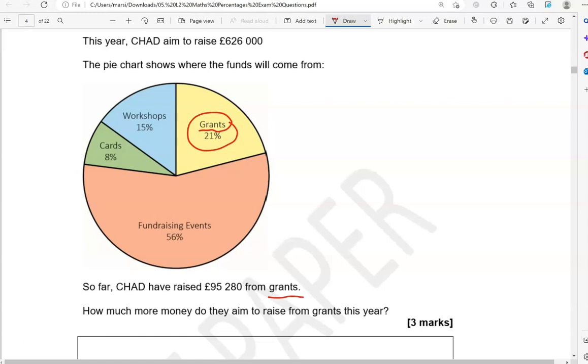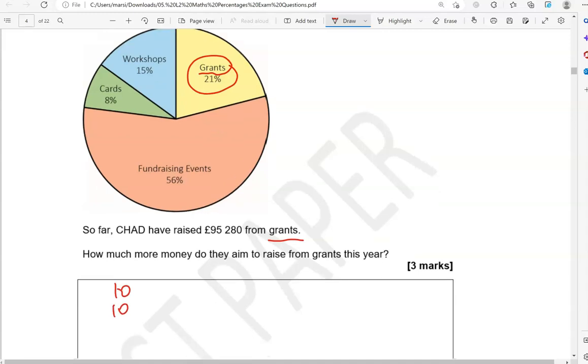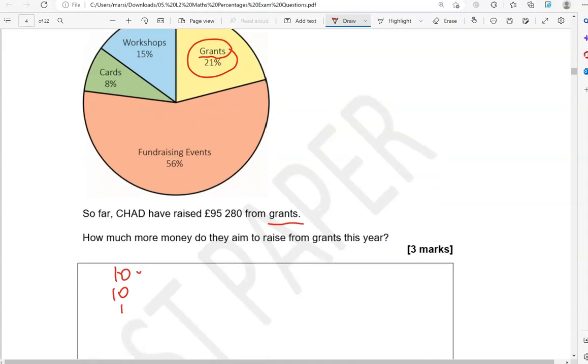So from grants they aim to raise 21%. So what is 21% of 626,000? As we can't use a calculator, we'll use the 10% method. So I'm going to break down the 21% into 10, 10 and 1%.